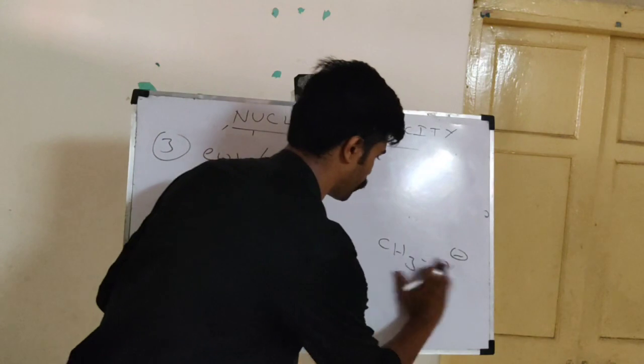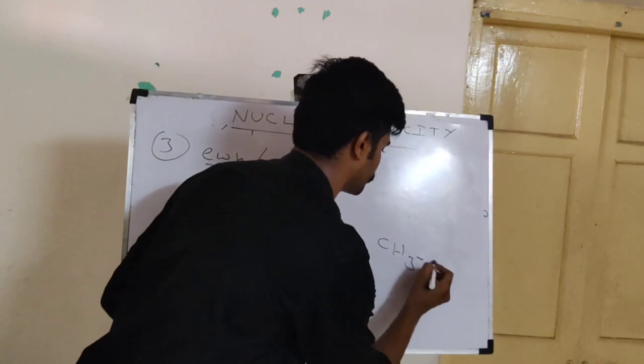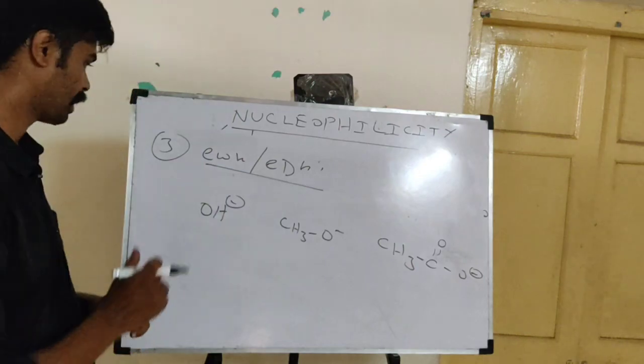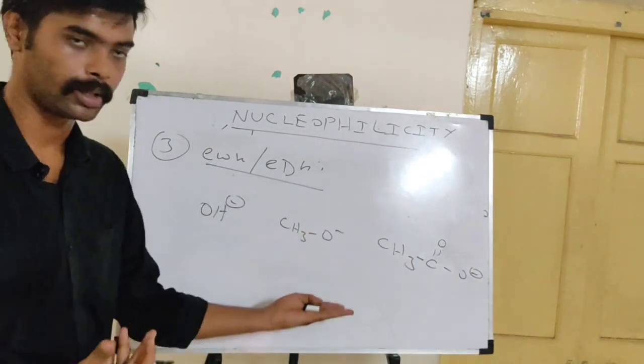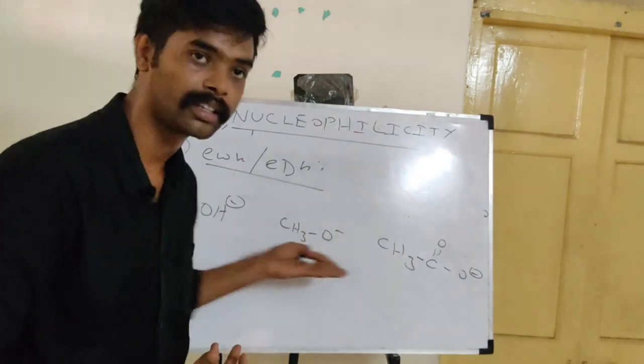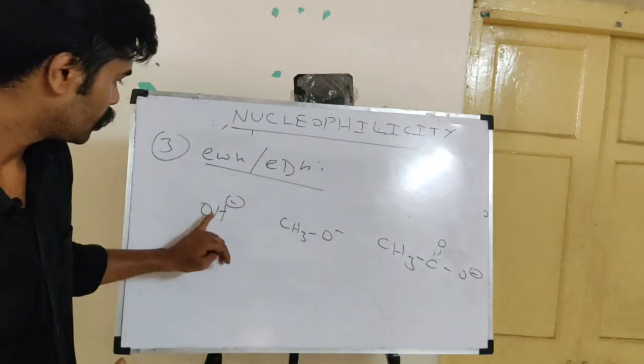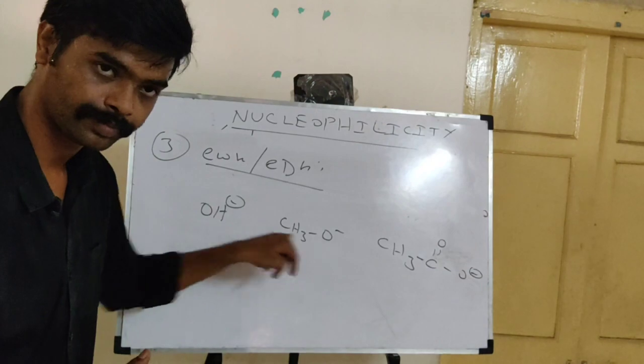Or let me write it properly. Okay, this is a better way. Right, now again I have to arrange them in the order of nucleophilicity. Okay, now we'll compare these two, right?